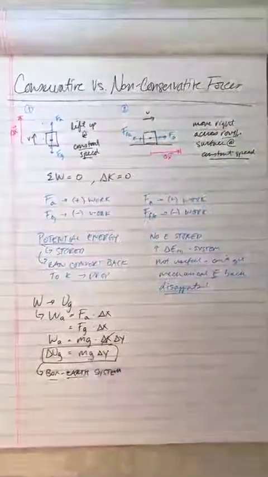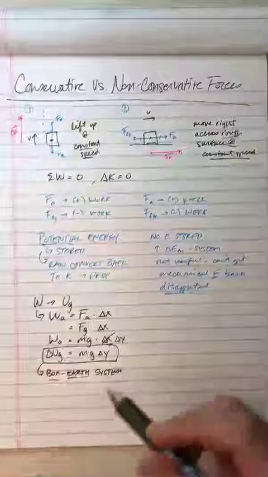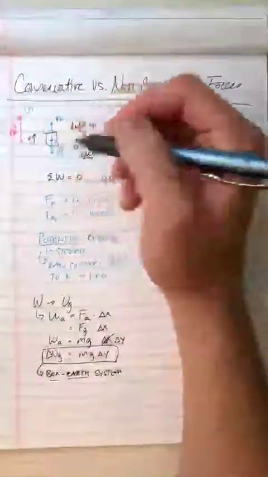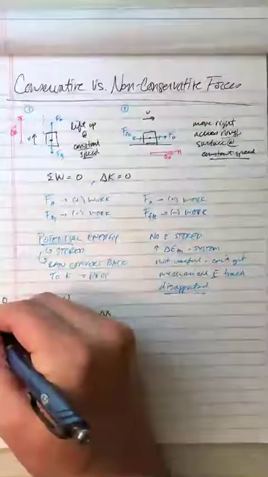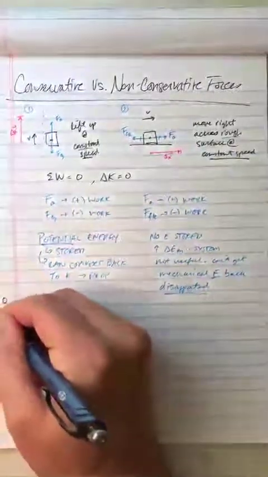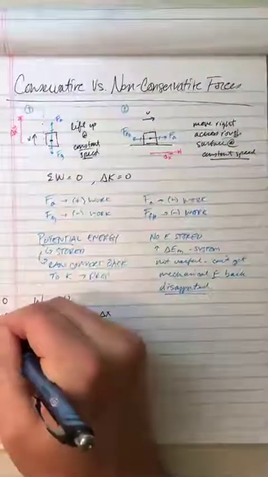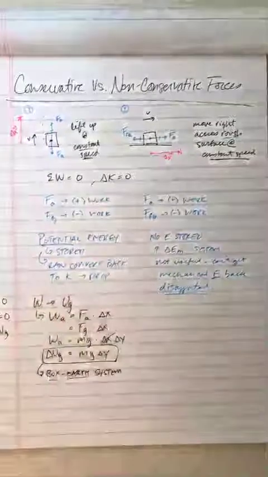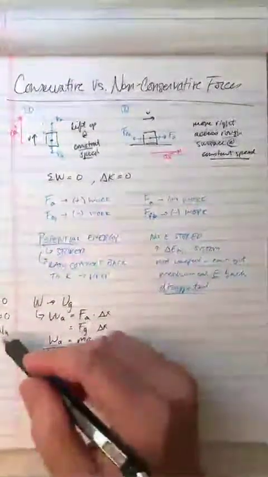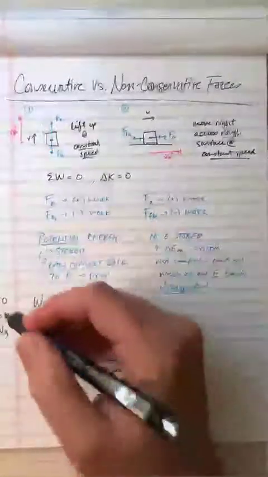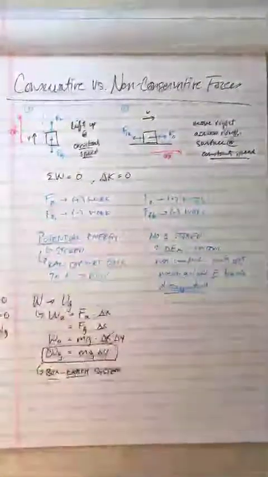Now, there's a way that we can describe this relationship relative to the work done by gravity. So since the delta work was 0, the work done by the applied force plus the work done by gravity had to equal 0. Well, whatever this was, the opposite in terms. So however much applied force work was done, the force of gravity did the negative amount, so that the total change was still 0.